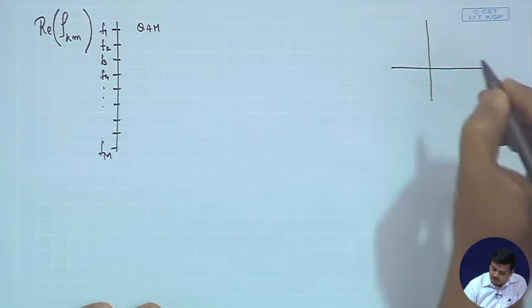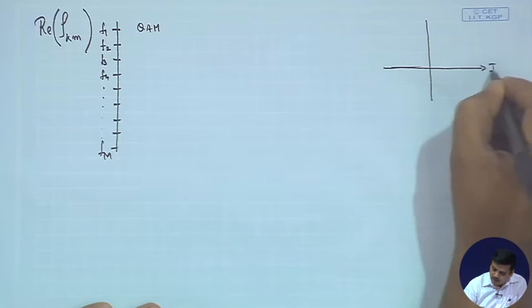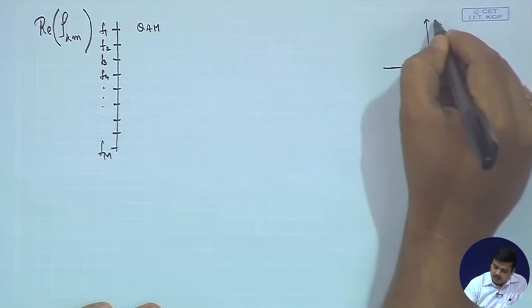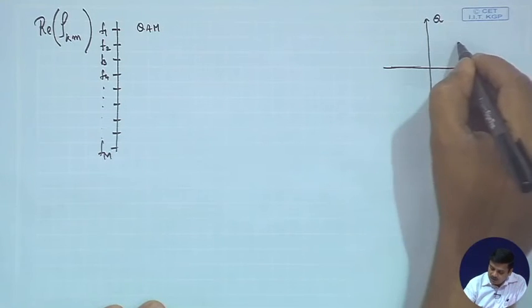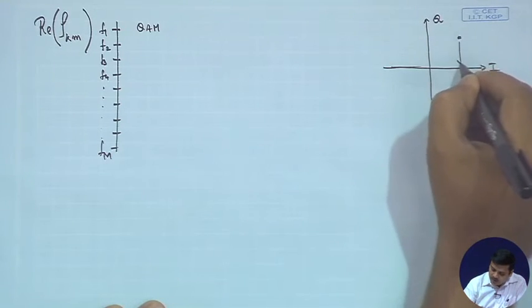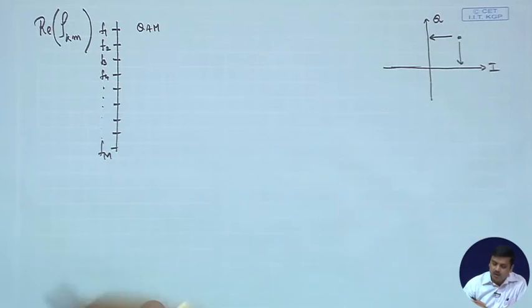is having an I component as well as a Q component. That means, if there is a constellation point, you have it on the in-phase as well as the quadrature phase, that is, there is a real component as well as an imaginary component.